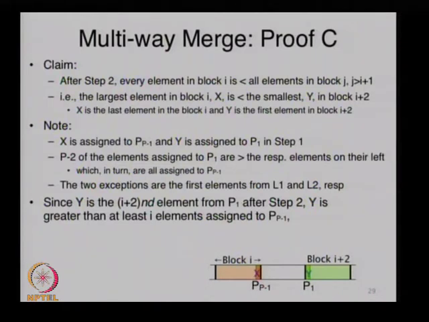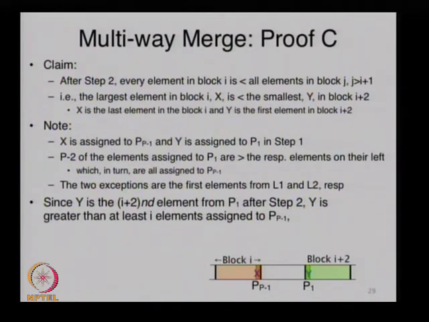It's block number I plus 2, right? Block 0 contributes the 0th element to everybody. Block 1 contributes the first element to everybody. Block 2 contributes the second element to everybody. So block I contributes the ith element to every processor. And so this element Y that we are talking about is the I plus second element that was allocated to P0.